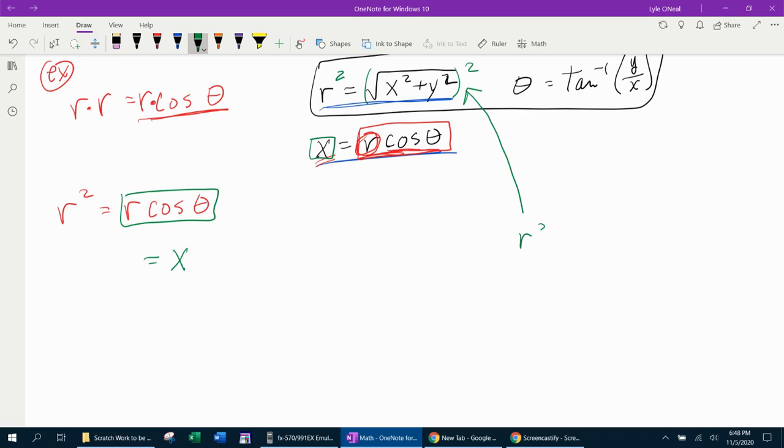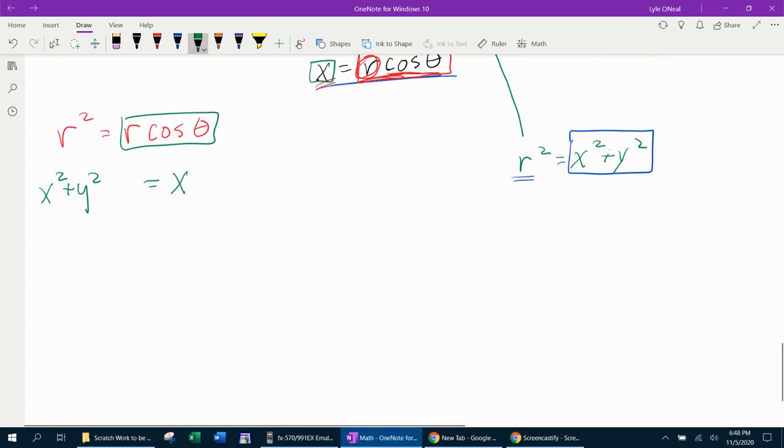So that's going to say r squared is, a square and a square root cancel, x squared plus y squared. And so what does this tell me? This tells me that anytime I see an r squared, I can replace it with x squared plus y squared. And so that's what I'm going to do. X squared plus y squared in place of r squared.